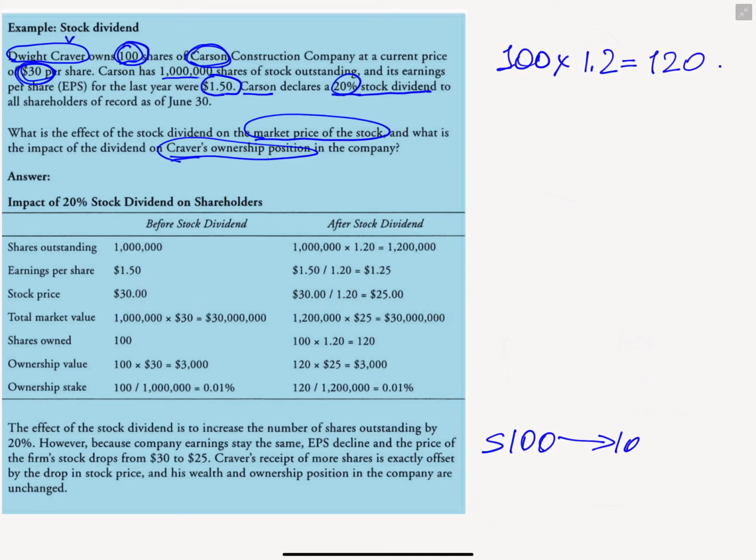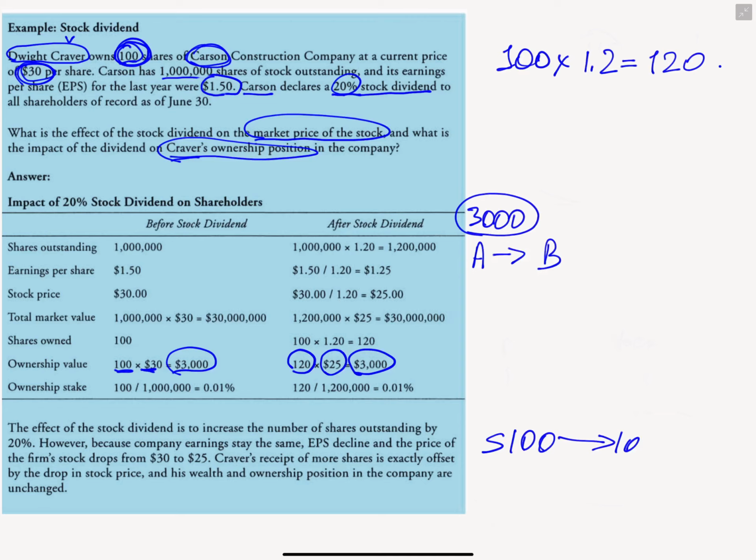Then we have ownership value. Before, Kraver owned 100 shares at $30. Then it started to own 120 at a price of 25. Like company A owns company B, its value of investment was $3,000.